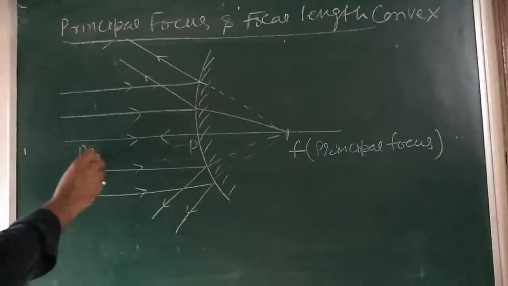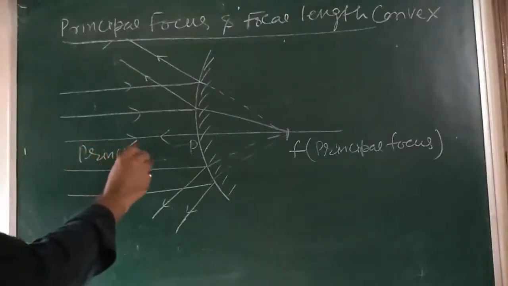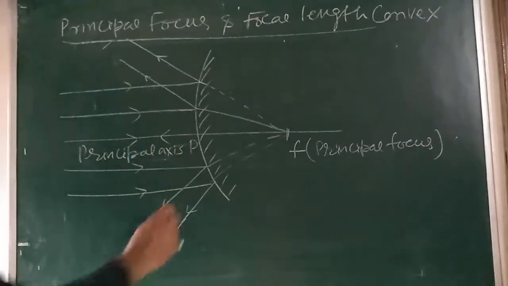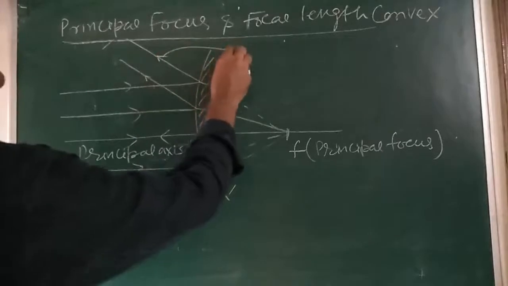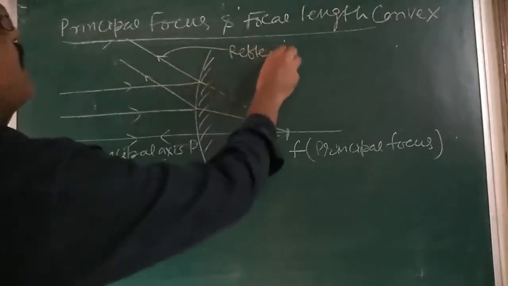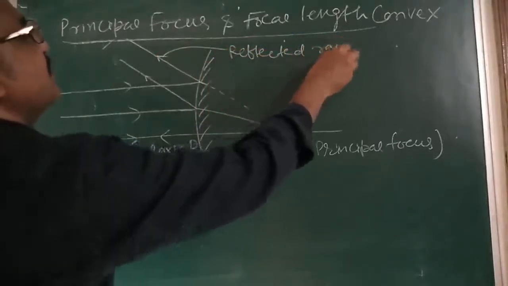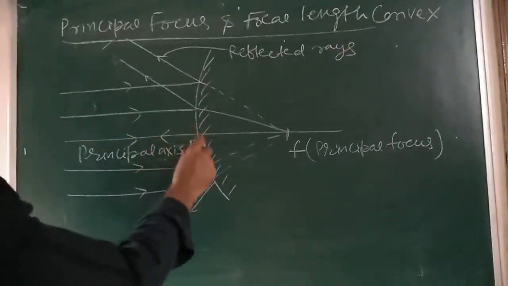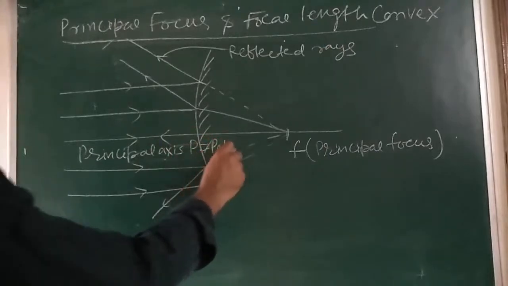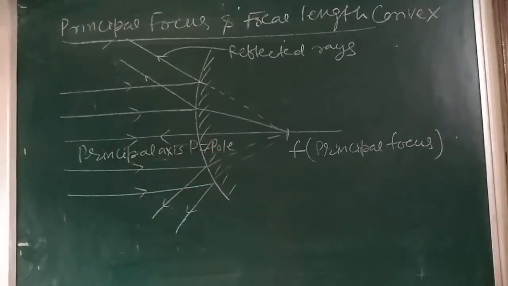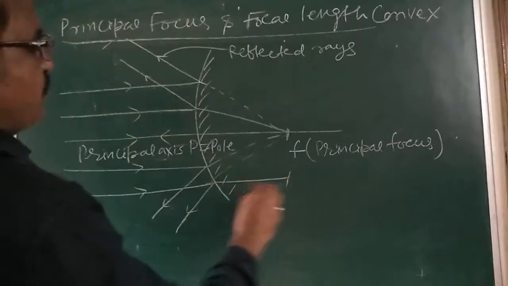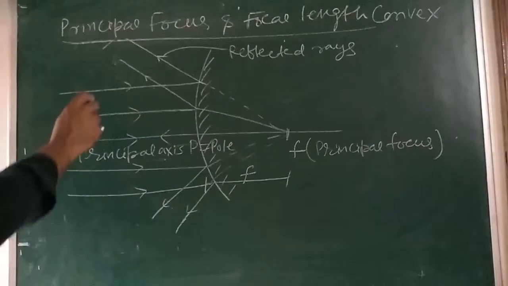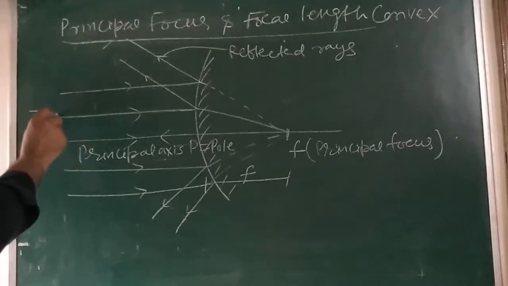This is principal axis. These are reflected rays. Here is a point P called pole. The distance from the pole to the principal focus is called focal length. These are the incident parallel rays.